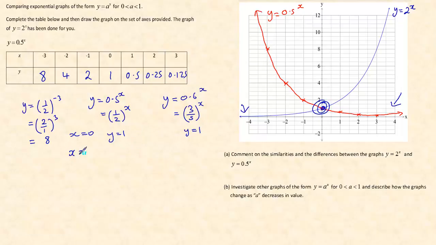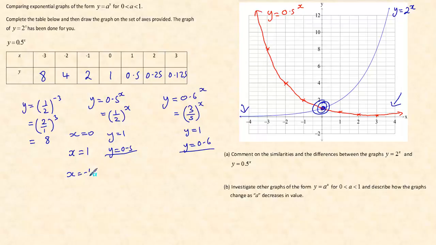Let's think about x equals 1. Well, this one here would just be half, and this one here would be 0.6. So we'd expect this one to be above this one if x is 1.